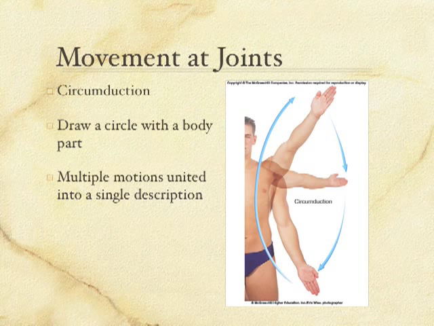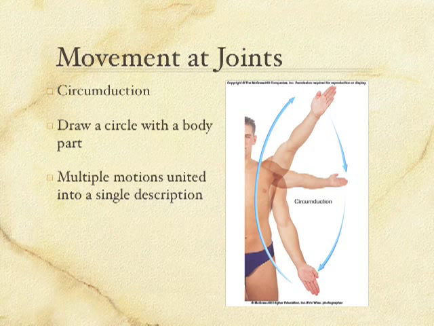If I'm going from here to here as I start the circle, I'm doing two things. I'm going forward, right? And I'm starting to move away from my body, right? I was in here closer. I'm moving away, farther away. So I am flexing and abducting. When I get to this part of the circle, now I'm extending and abducting.